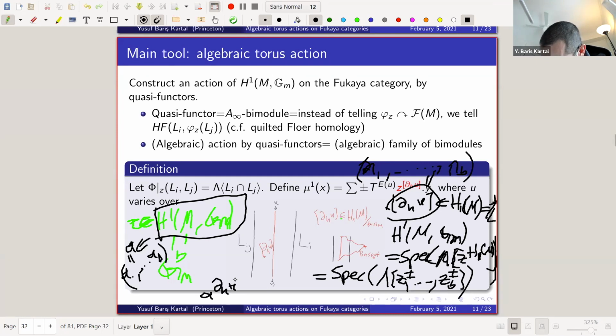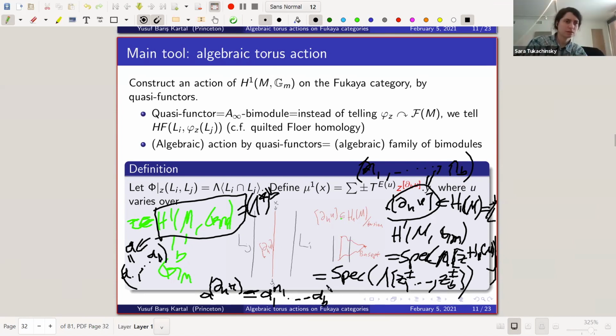You can define this thing here to be the monomial in this fixed point in Lambda star to the B. So it's a1 to the n1, dot dot dot, aB to the nB.